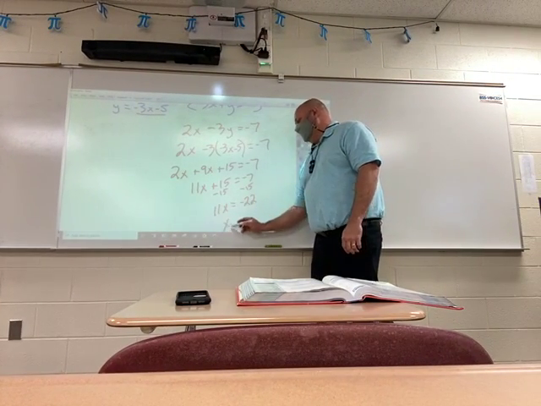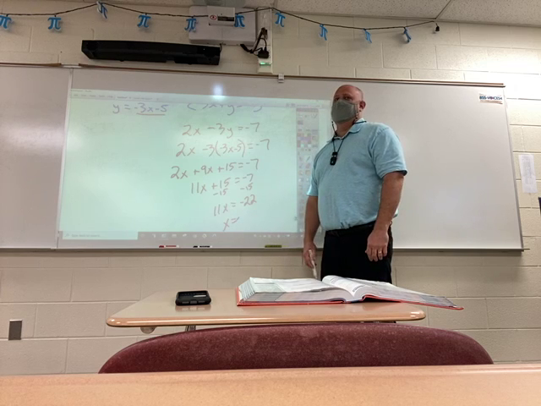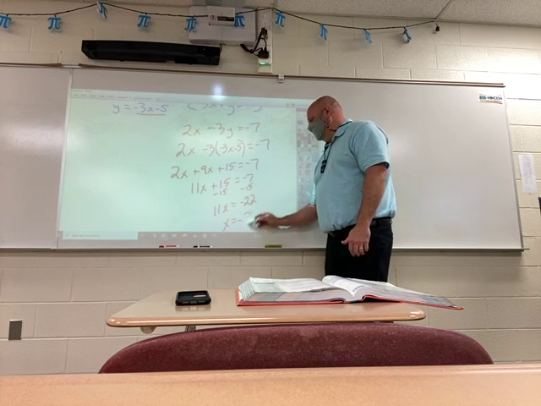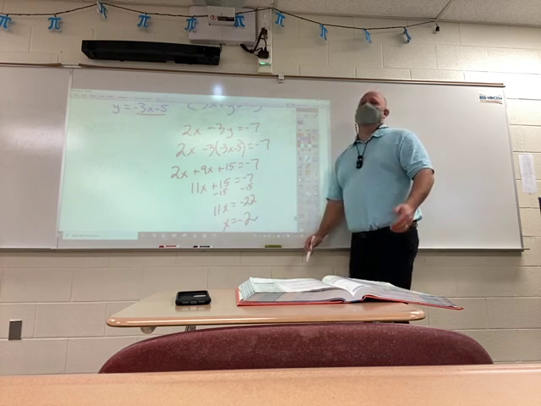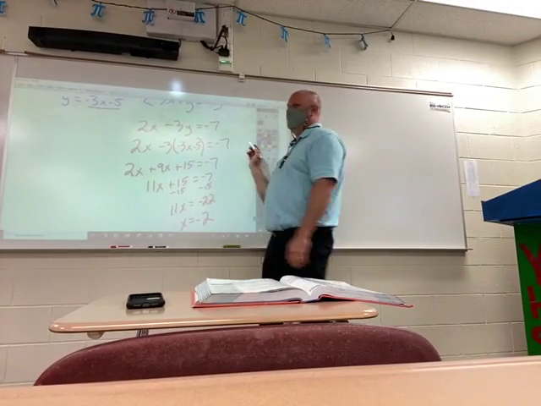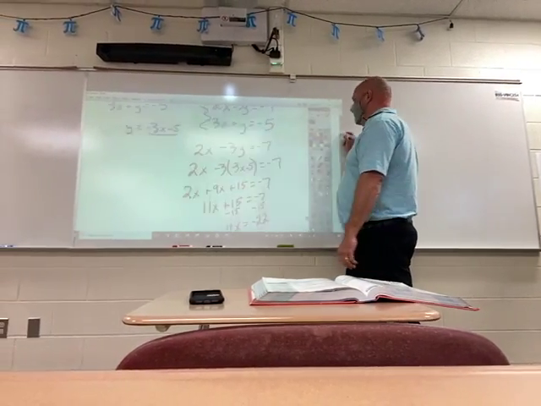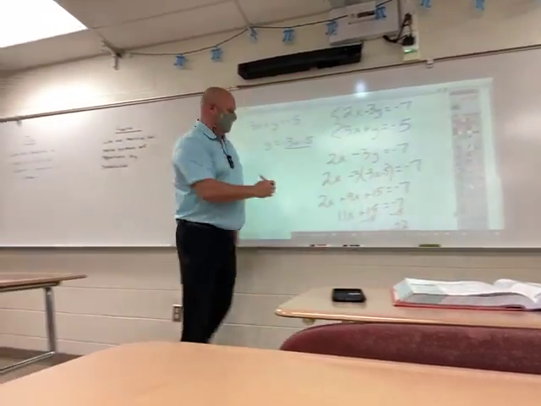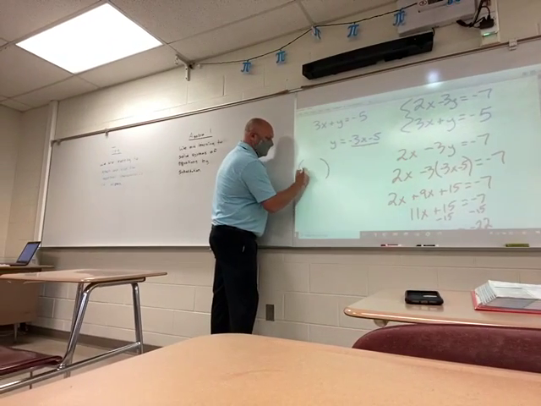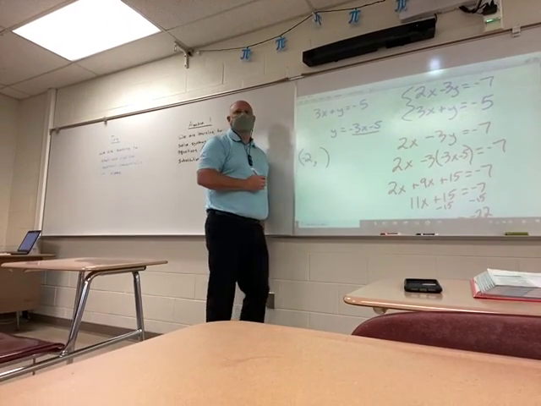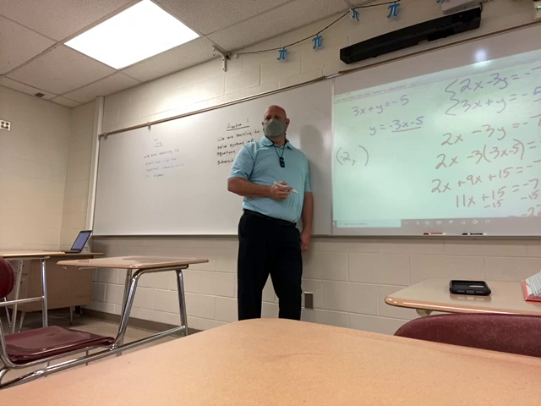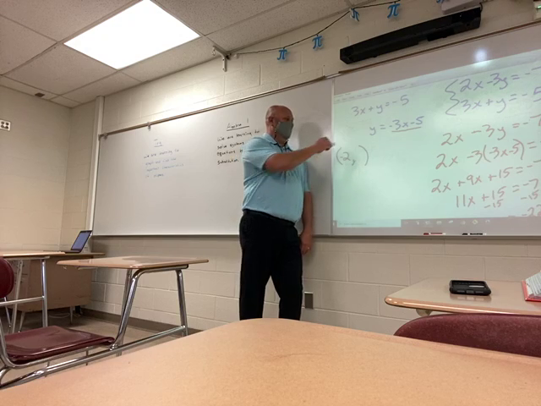So what's x going to equal? Negative 2. What does that mean about my answer? That the x value of my answer is negative 2, right? How do you find the y that goes with it? Plug it in.